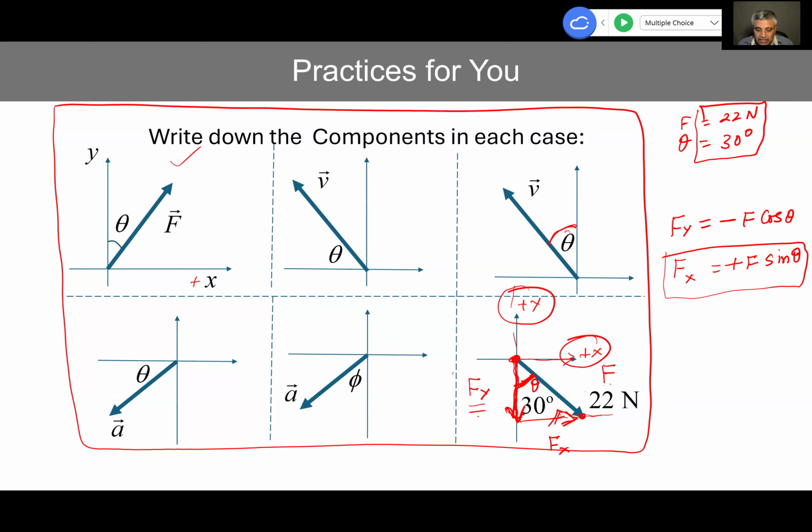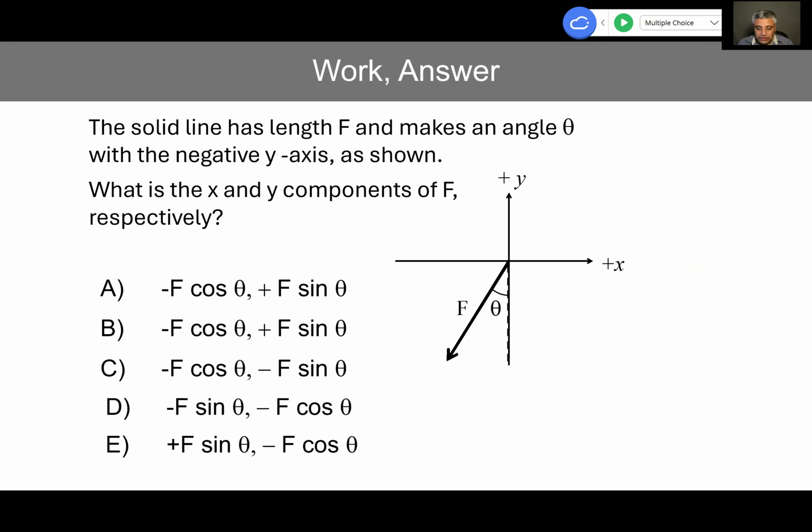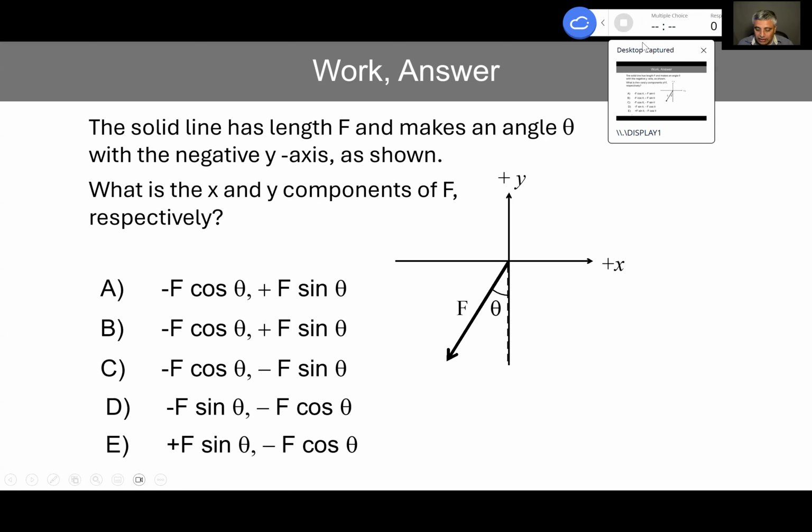So that's that. And now I'm asking you this. I'm opening the poll. Go ahead, draw the right triangle, and then find the components. I'm giving you 2 minutes.